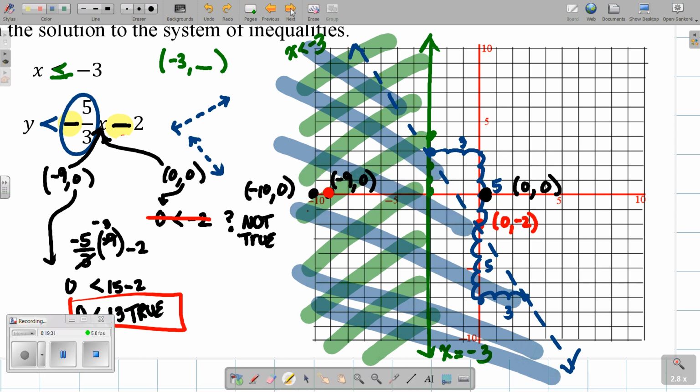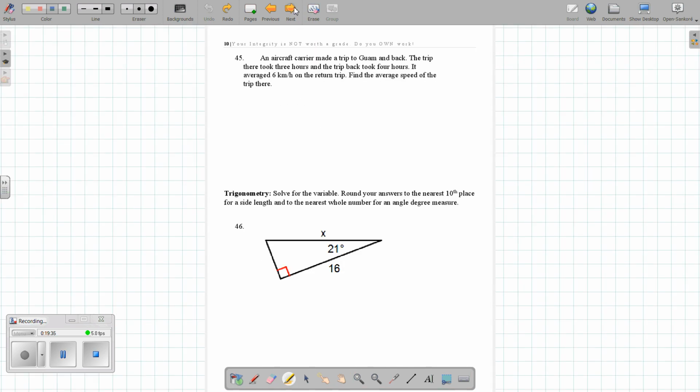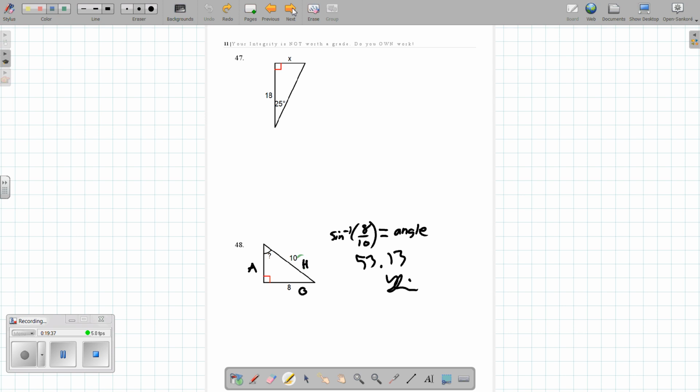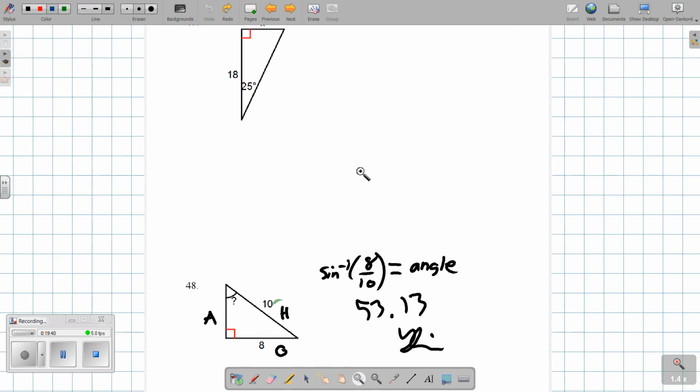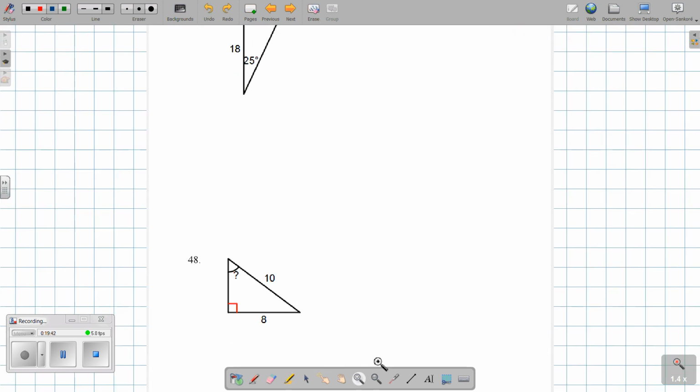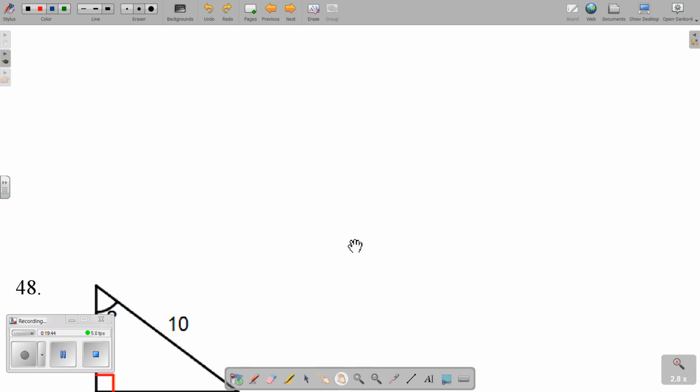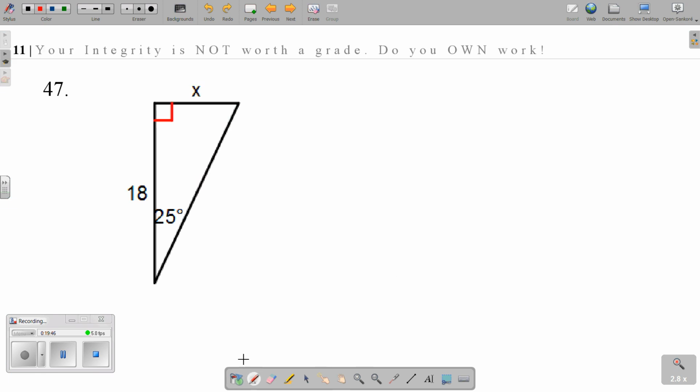Last problem here. So, a SOH-CAH-TOA problem, very simple. Let's do this problem together. So we're going to label this: this is our opposite, adjacent.